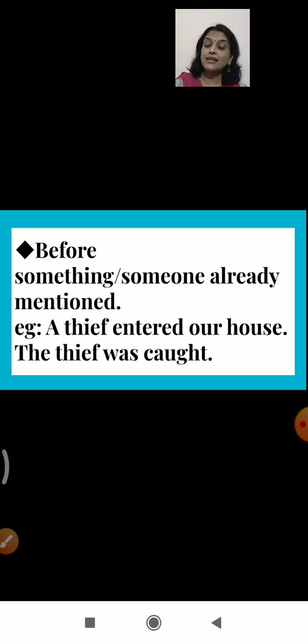And when the second sentence comes, you already know because it has been talked about in the first sentence. So that is why you are using the here. For example, a thief. Here we do not know which thief. A thief entered our house. The thief was caught. You already know the thief, the one which entered your house, right? So here now you will have the thief was caught.